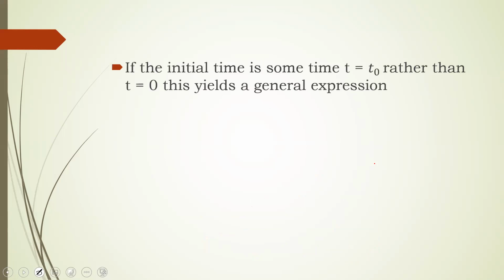This is just information, so when you see it later on, you can reference it. If the initial time is some time t equal to t0 rather than 0, in other words, if we start looking at the voltage beyond a certain point in time, instead of at the point we close the switch, you understand that?